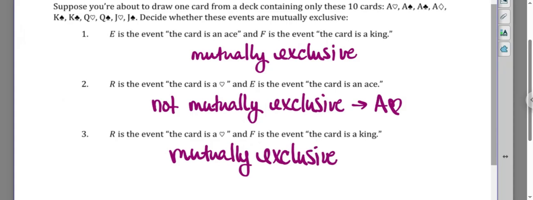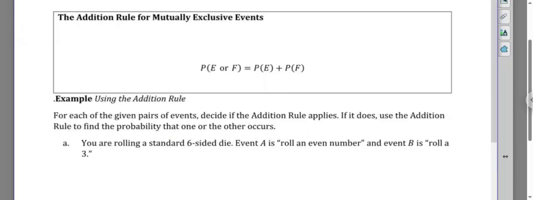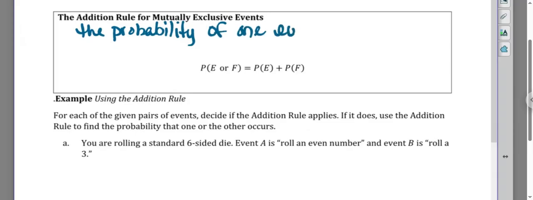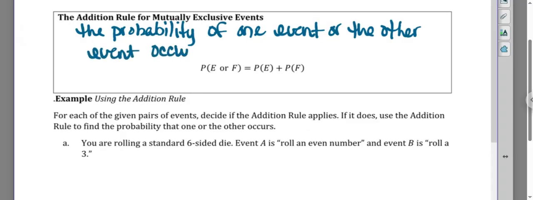All right, so now the addition rule for mutually exclusive events. So this is the probability of one event or the other event occurring. Okay?